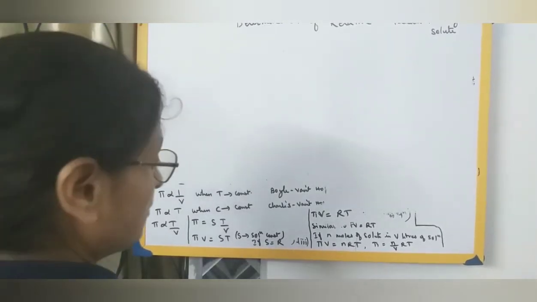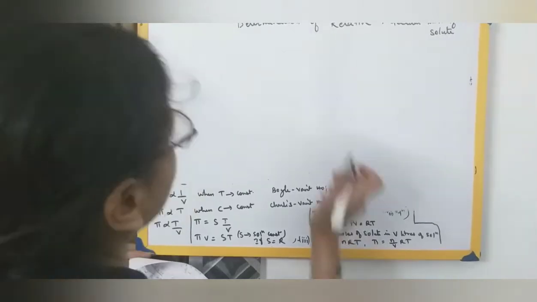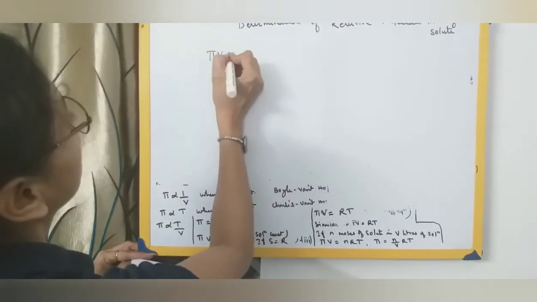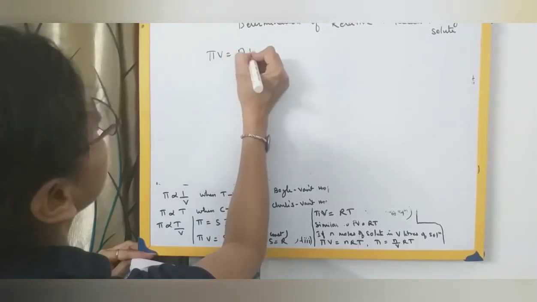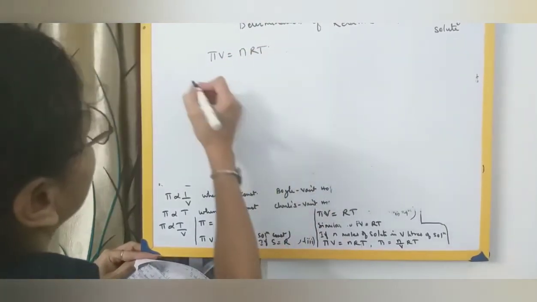So we take this equation back, whatever we have learned: πV is equal to nRT. Now what is n? n is the number of moles of the solute. How do we represent the number of moles?